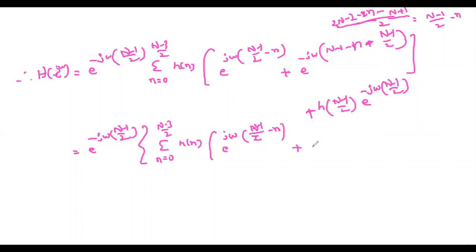So it is e^(-jω(N-1)/2) minus n plus, as usual, this term h((N-1)/2) into e^(-jω(N-1)/2). Okay, e^(-jω) is already taken common, so we can write here itself h((N-1)/2).